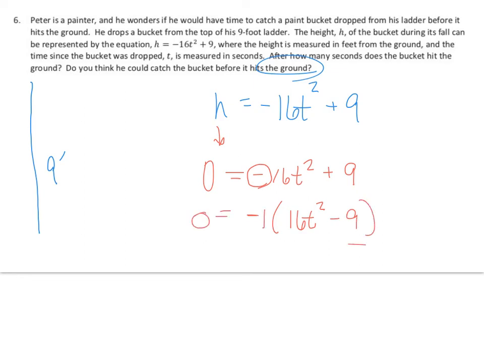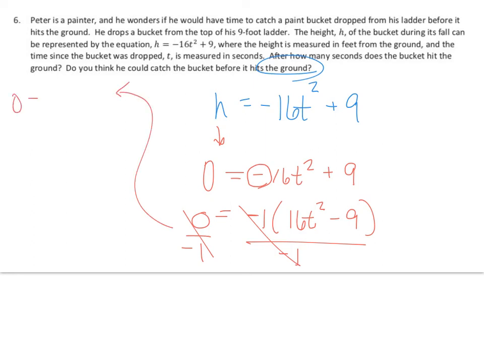That's really a negative 1. I'm going to go ahead and divide both sides by negative 1 because I don't want it there anymore. And I'm running out of space by the ladder. We're coming up here. I have 0 equals 16t squared minus 9.